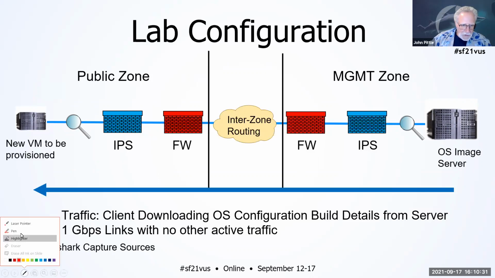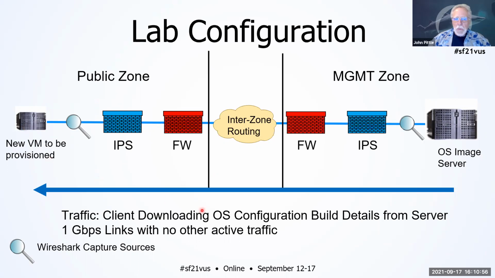Very high level, the lab configuration: I'm going to quickly bring out my laser pointer. There was a management zone of the network where the image server was, with an IPS and a firewall, through some make-believe interzone routing to a different zone called the public zone, where there was a public zone firewall, a public zone IPS, and then the new VM to be provisioned.